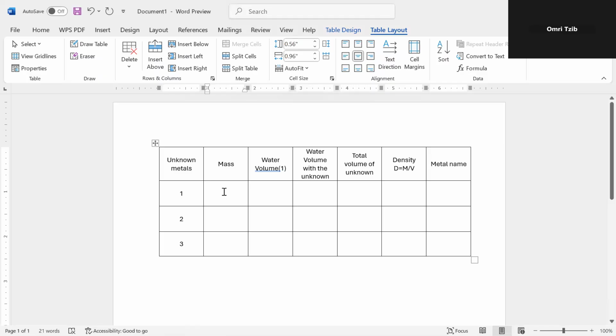So our total mass was 10.94, but we round off to one decimal point, so it would be 10.9 grams. Our water volume was 31.8 milliliters.